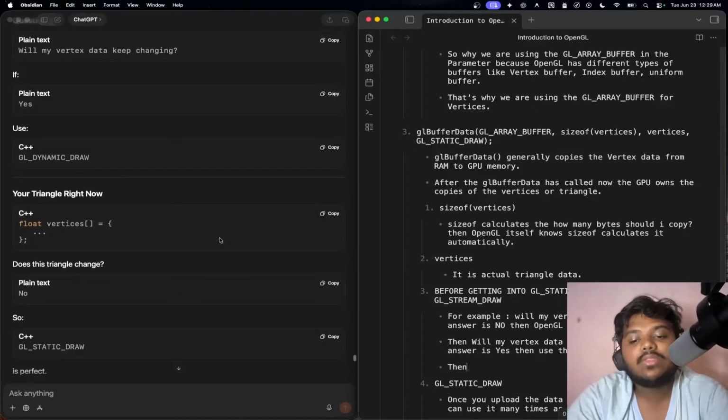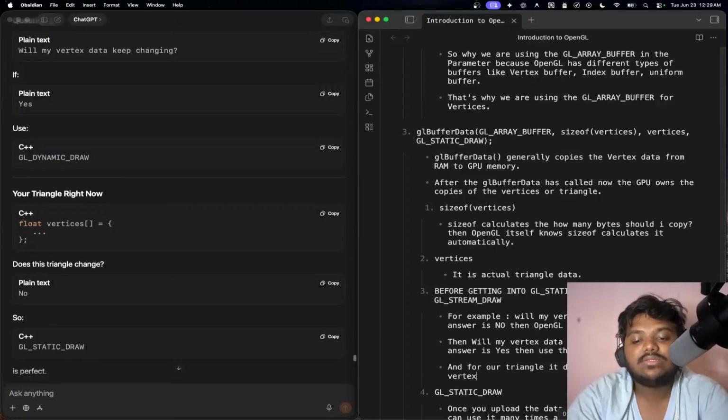No. And for our triangle, it doesn't actually change the vertex data continuously. So OpenGL uses the GL static draw.